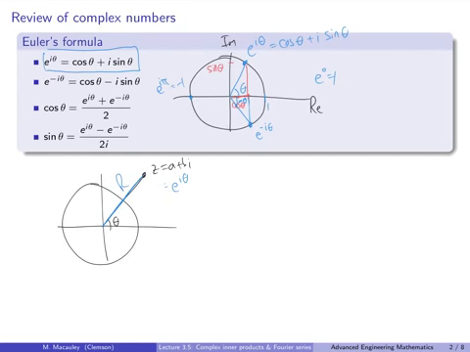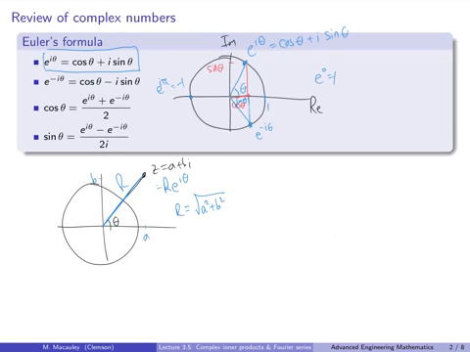Let's call that capital R. And now what is R? Well, by the Pythagorean theorem, this is a and this is b, so R is the square root of a squared plus b squared. So that's what z is.